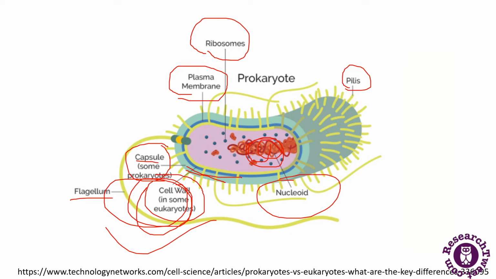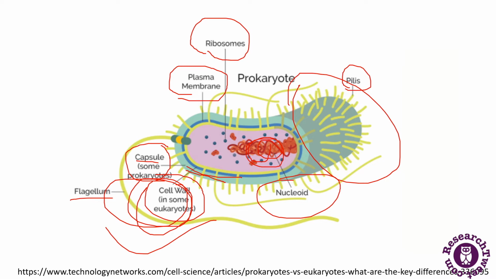Then come the pili. They are hair-like extensions. As you can see, these are hair-like extensions present on the surface of the bacterial cell. They are hair-like outgrowths that attach the cell to surfaces and to other bacterial cells.